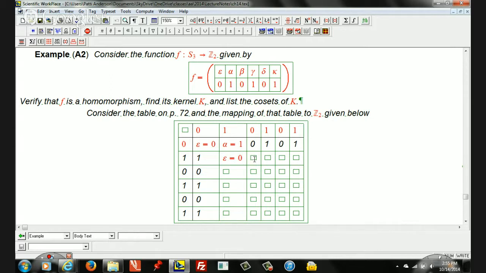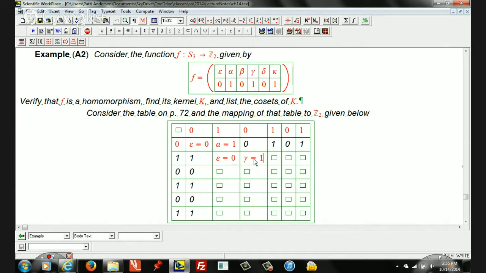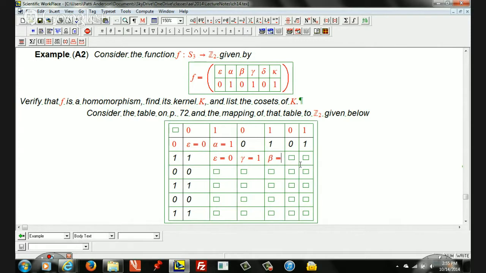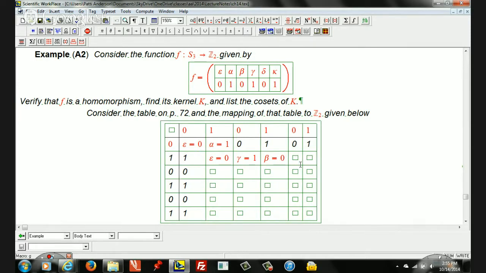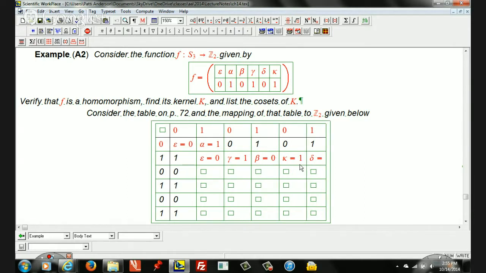What would be the third part over here? That's a gamma, right? But gamma is mapped to 1. And over here, the fourth one was beta, which is 0, right? And kappa is 1. And delta is equal to 0.